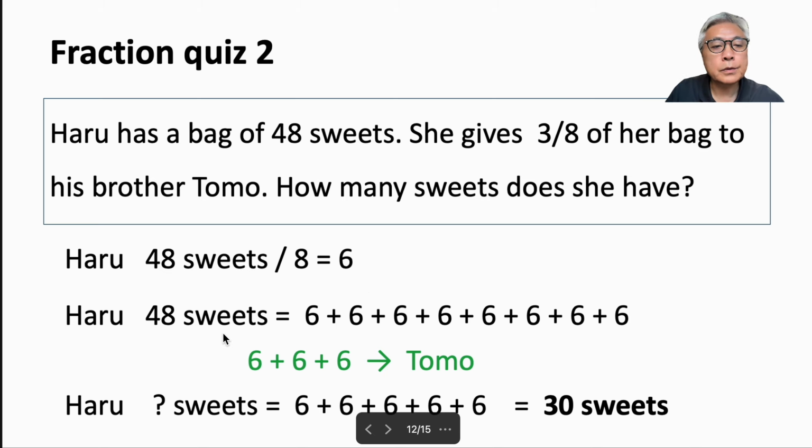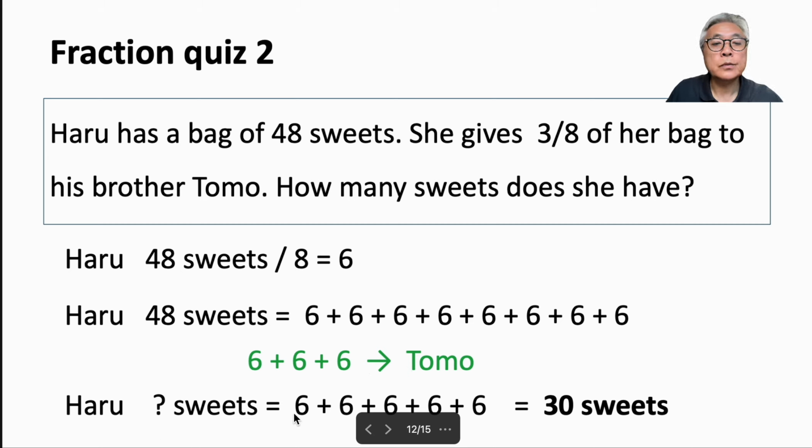Haru's 48 sweets means 1, 2, 3, 4, 5, 6, 7, 8 groups of 6. So that's why 3 sixes go to Tomo. 3 sixes means 18. 18 sweets go to Tomo.